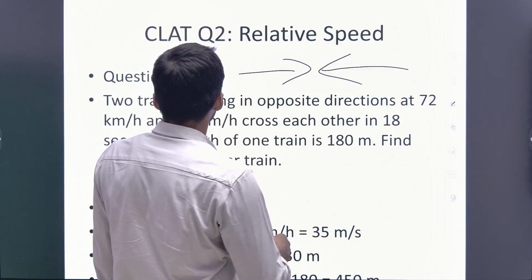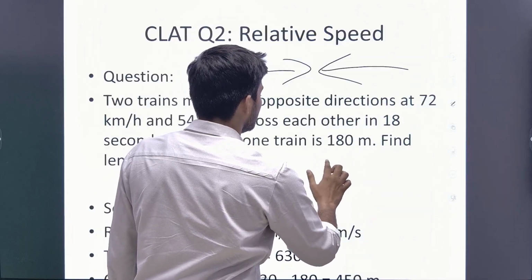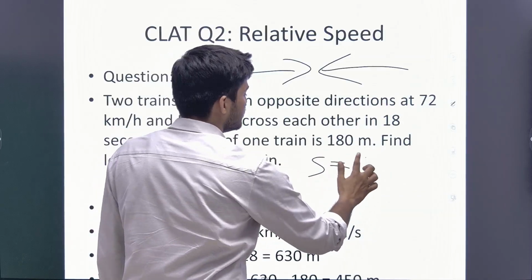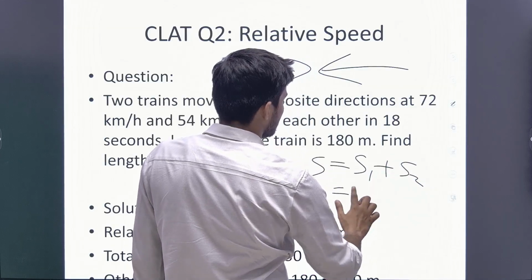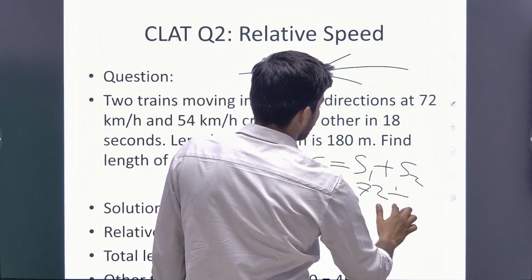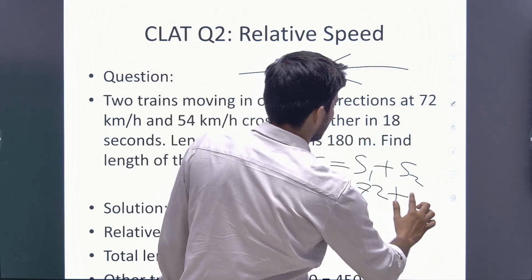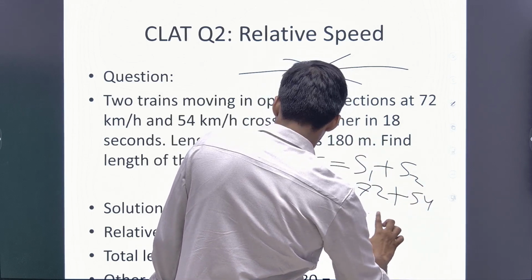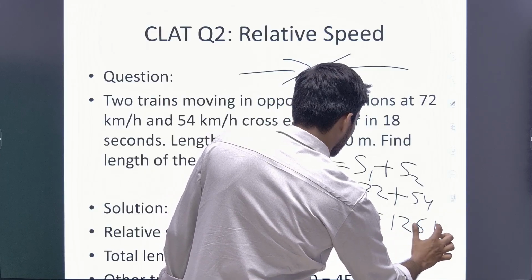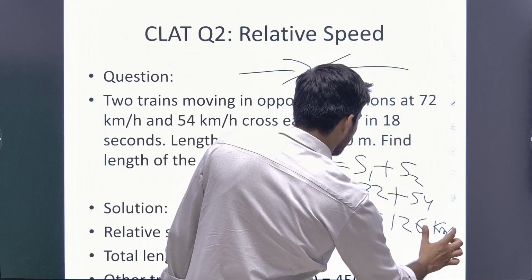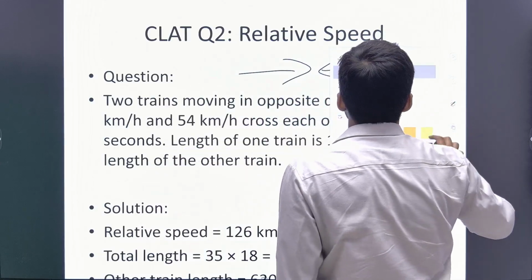So speed equals S1 plus S2, that is 72 plus 54, which is equal to 126 kilometer per hour.